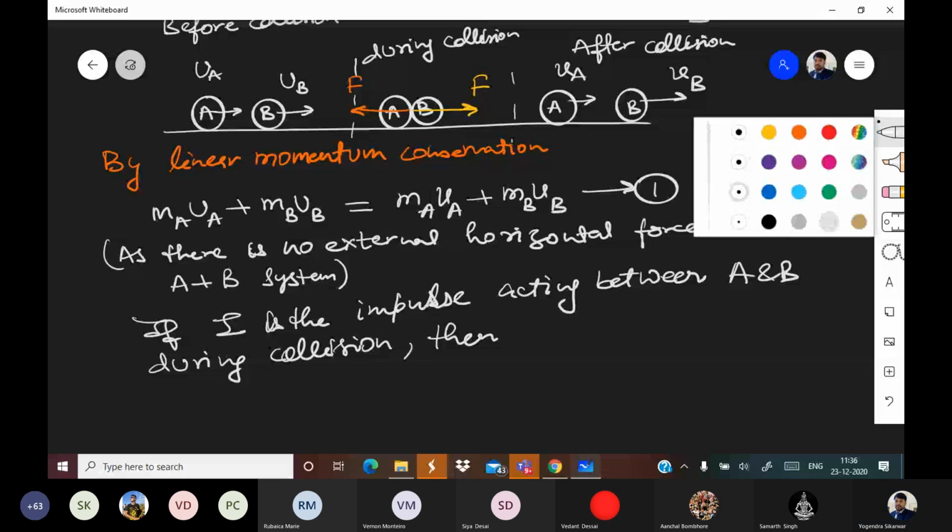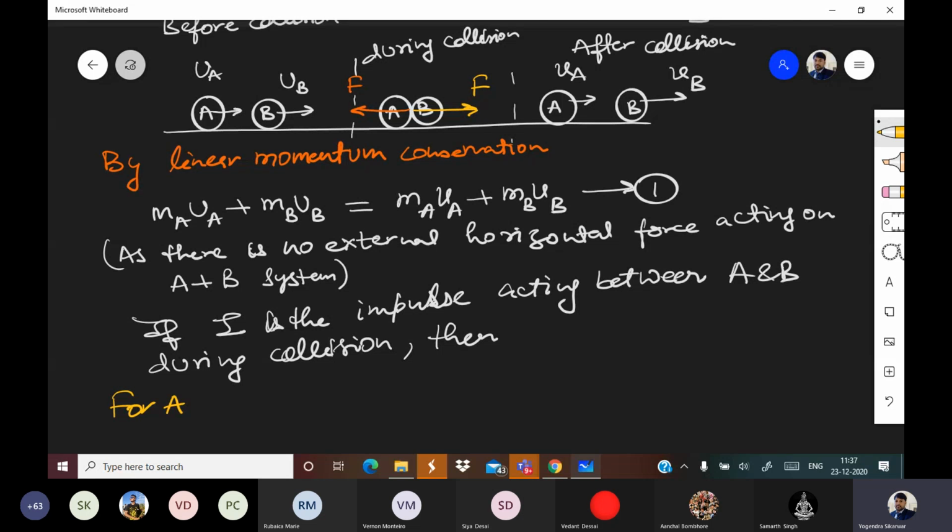For A, initially it was coming with momentum MAUA. Now MAUA is in this direction. Impulse obviously will be in opposite direction because force is in opposite direction. So MAUA minus I, the impulse, will be equal to MAVA, equation number 2.